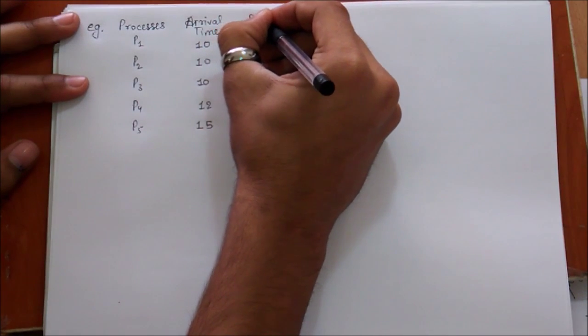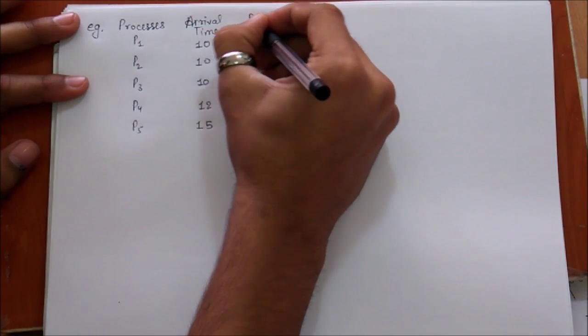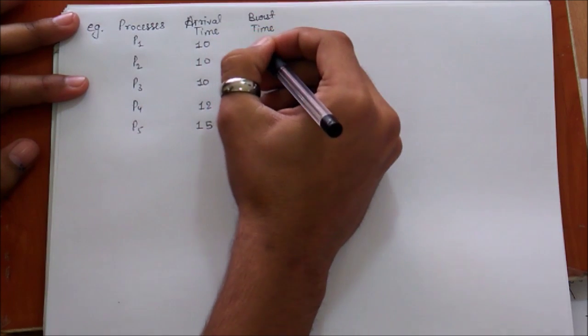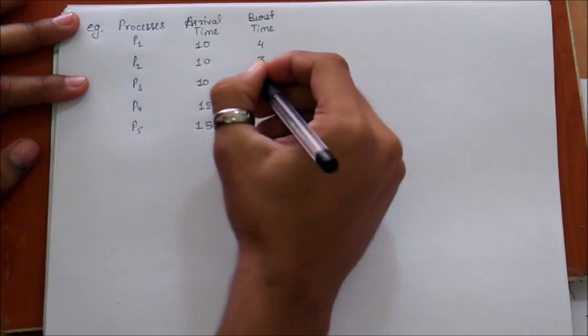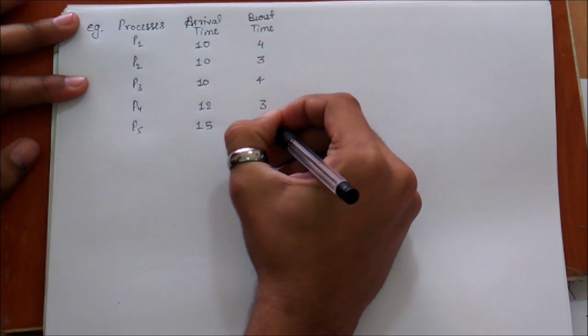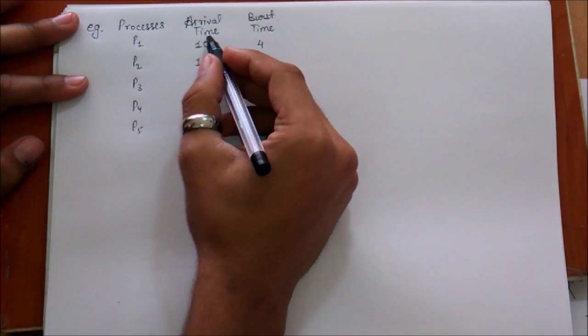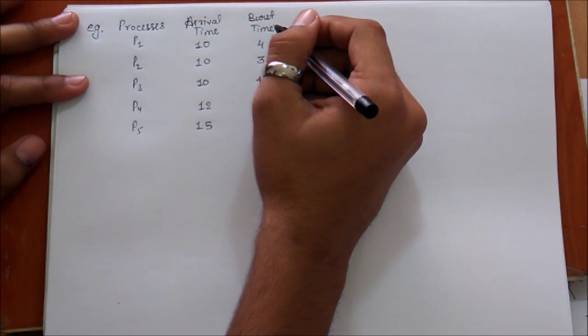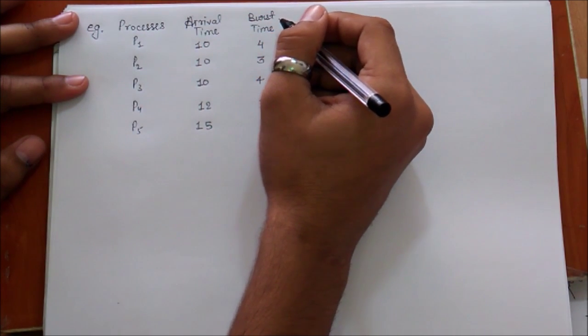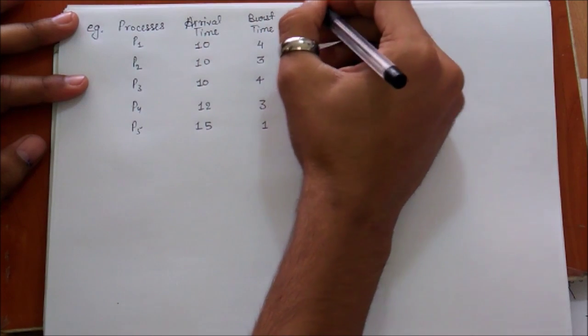Now the burst time of each process is 4 seconds, 3 seconds, 4 seconds, 3 seconds and 1 second. The arrival time is the time when the process arrives at the ready queue, and the burst time is the time for which the process will run.